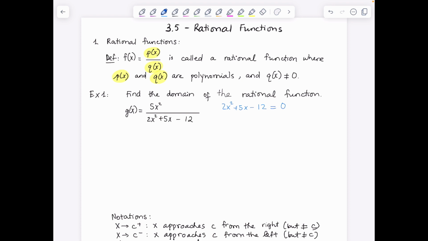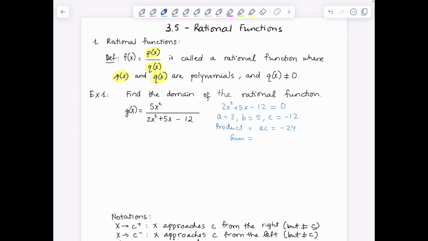To solve this quadratic equation, we are going to use factoring. So the constant a is 2, b is 5, and c is negative 12 here. We want two numbers such that the product of two numbers equal a times c, which is 2 times negative 12, and that's negative 24.